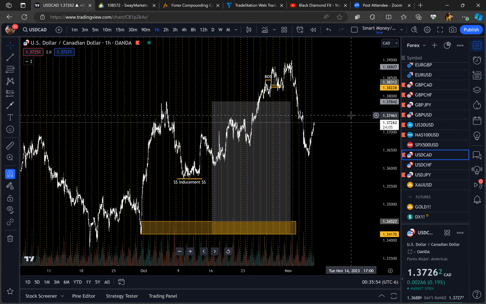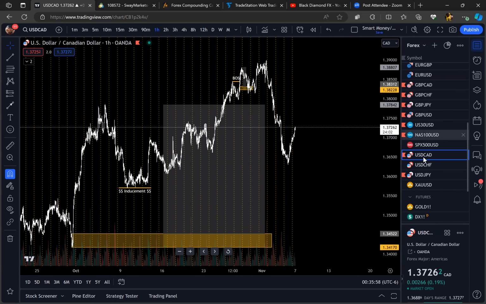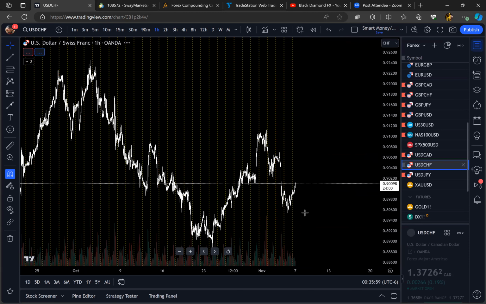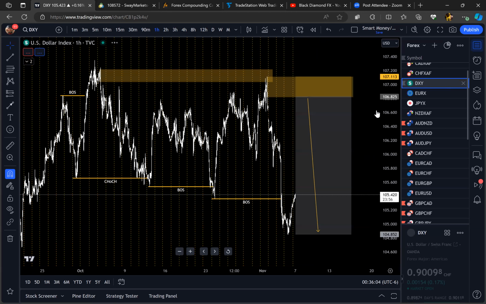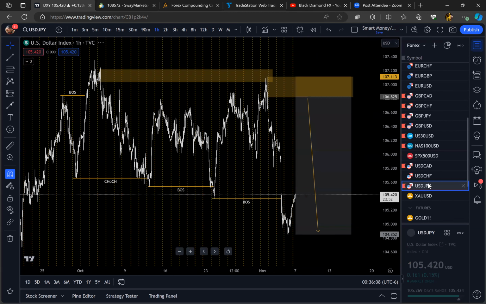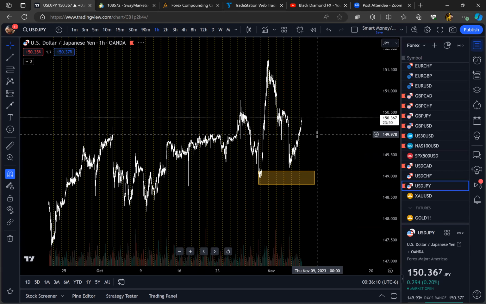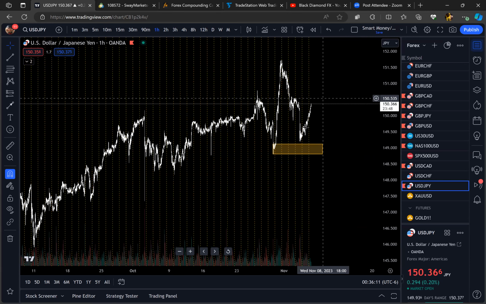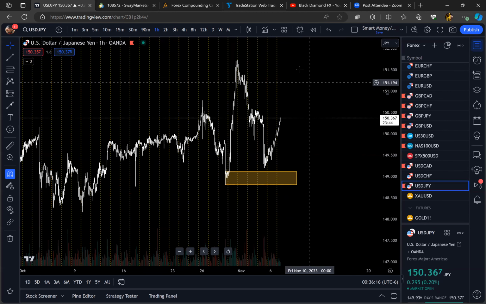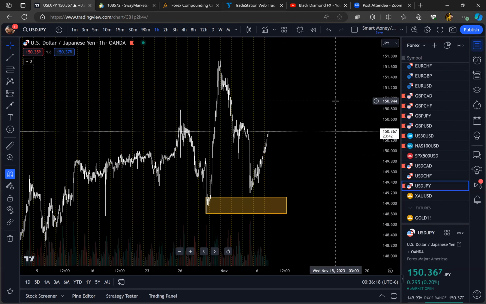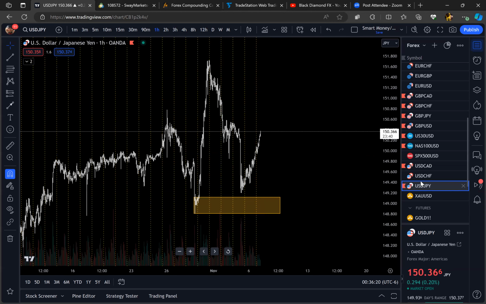The next one I want to look at, USD CHF, coming up, same as DXY. USDJPY, coming up. Now, all the moves aren't exactly precisely the same, but these do begin with USD.